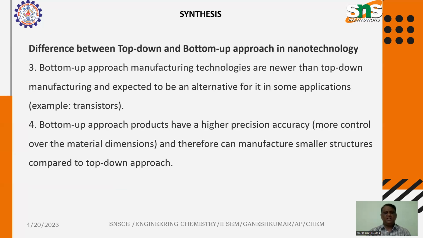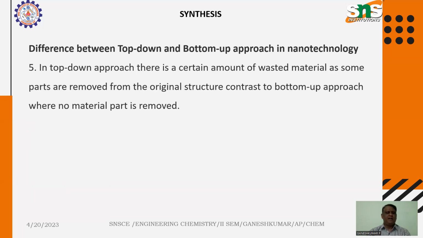Bottom-up manufacturing technologies are newer than top-down manufacturing and are expected to be an alternative for some applications. Bottom-up approach products have higher precision and accuracy, and therefore can manufacture smaller structures compared to the top-down approach. Finally, in the top-down approach, there is a certain amount of wasted material as some parts are removed from the original structure.